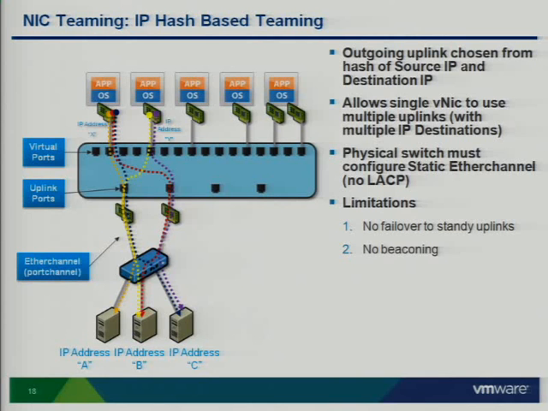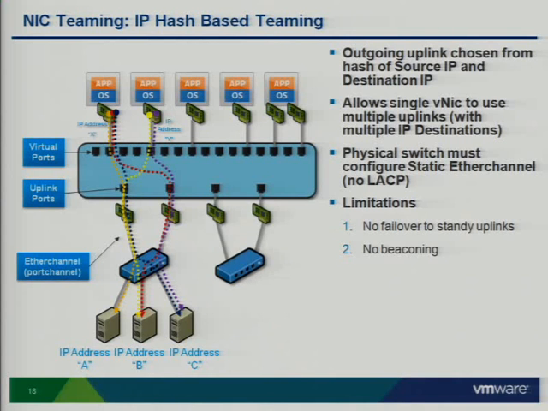Now, a few things that you need to know. One is that when you configure IP hash, the physical switch must be configured with static Ether channel. For the standard switch and VDS, we don't support LACP, that is, dynamic negotiation of the link aggregation.